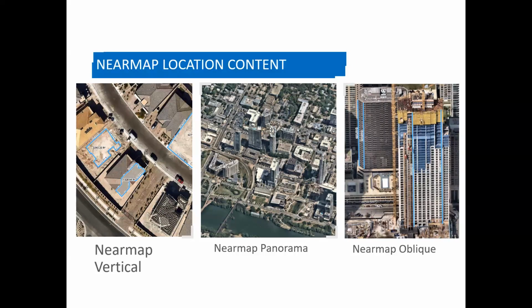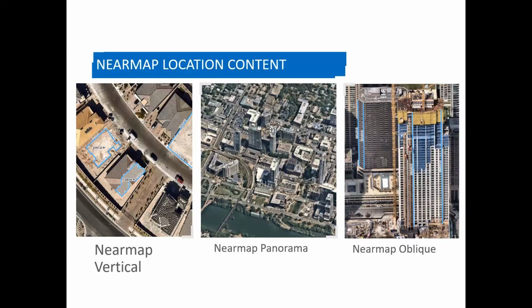And then shifting over to the far right, we have the NearMap oblique imagery. We're able to get this because our camera system can rotate on the bottom of the aircraft from 0 to 45 degrees, capturing images from different look angles, as well as each cardinal direction.